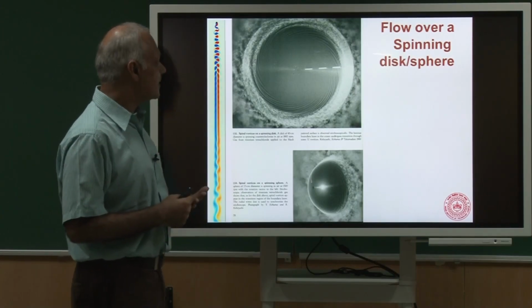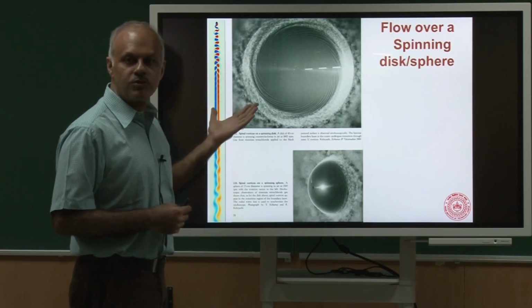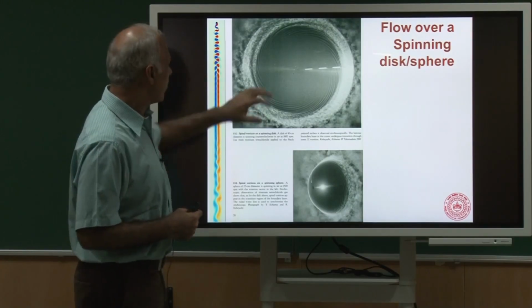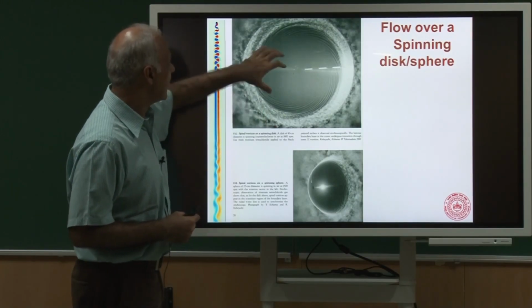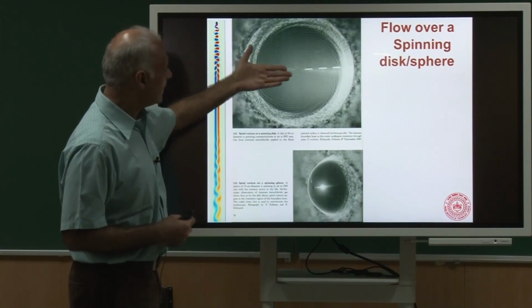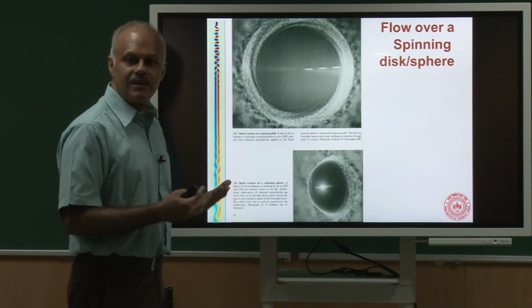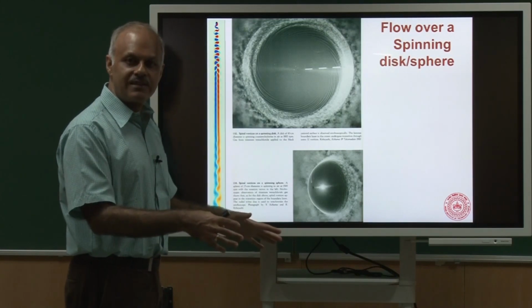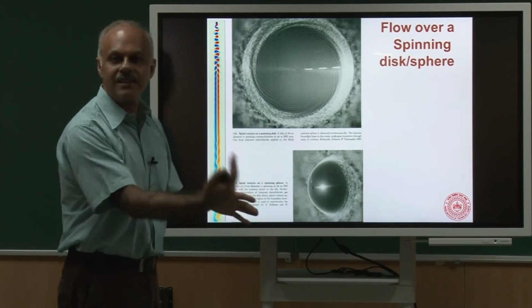Now the problem is that this flow goes through a transition. It goes from a laminar state on the inside to a turbulent state on the outside. So what is shown here is simply a turntable, and on the turntable there is fluid, and now you spin the turntable.